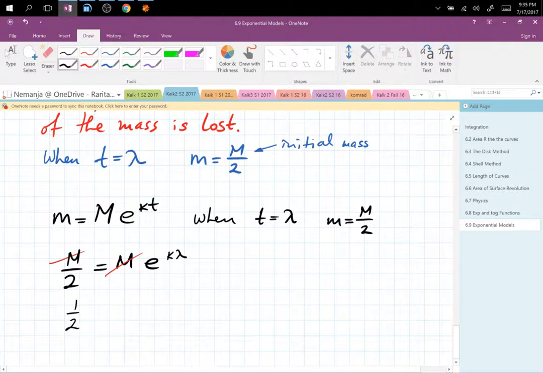So we get that 1/2 is equal to e to the 1.9 k, and then you ln both sides and so on, so you are going to find a decay constant from here. So it is ln of 0.5 divided by 1.9, and we get the decay constant k, negative 0.3648.